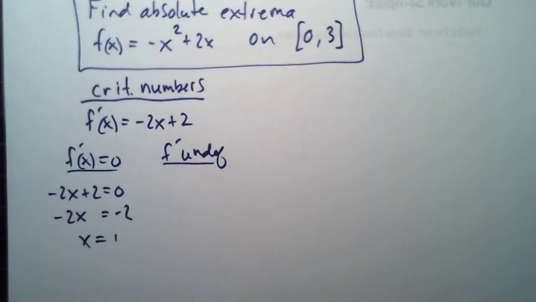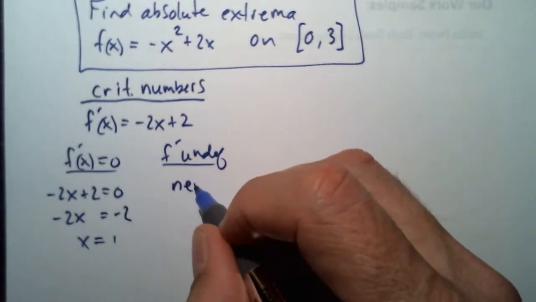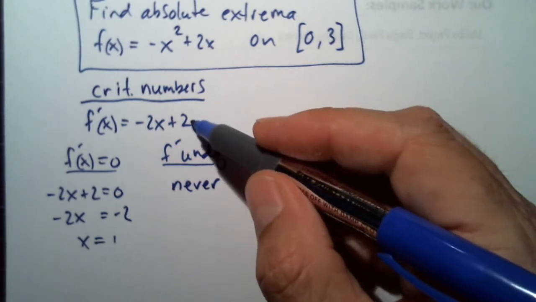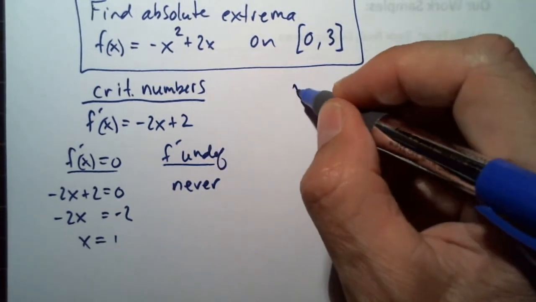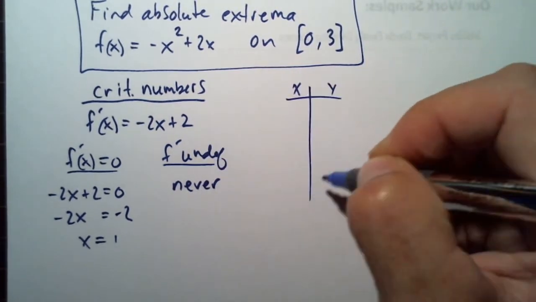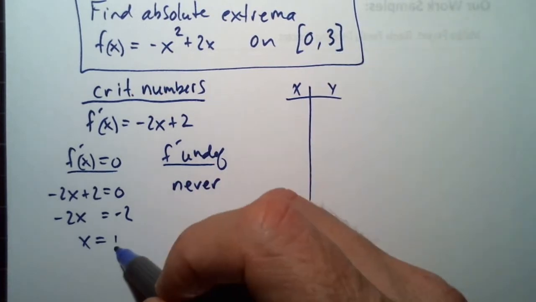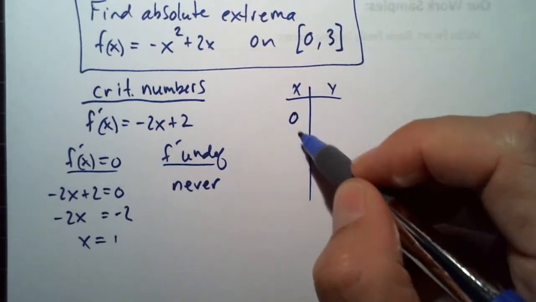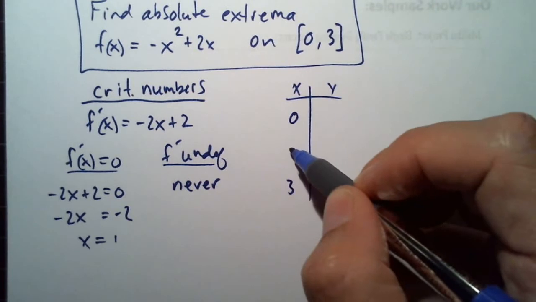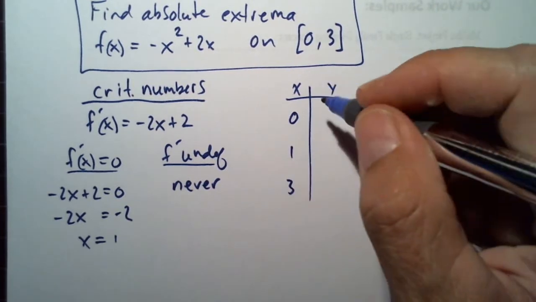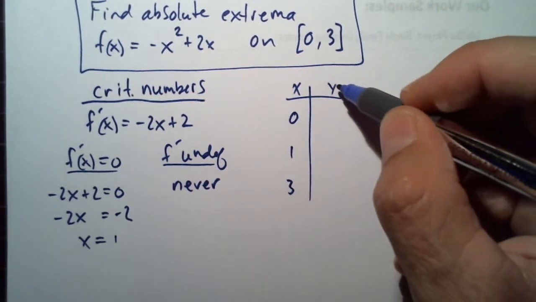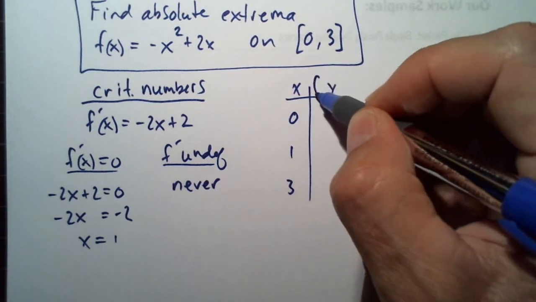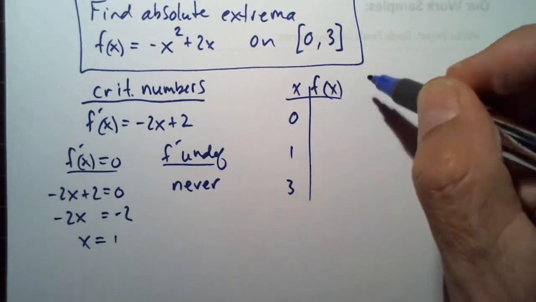So we have a critical number there. With a polynomial, it's never undefined. 0, 1, and 3. The endpoints 0 and 3, and then the critical number. Find the y values, and let's emphasize that we're doing f of x.